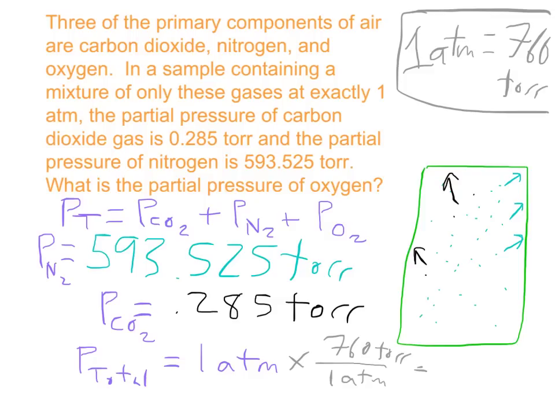And this one's actually really easy. 1 times 760 divided by 1. You could probably see it from the start that it was going to be 760 torr is the total pressure of the system. So you have the total pressure, you have the pressure of nitrogen gas, you have the pressure of carbon dioxide gas, and the only thing that you don't have is the pressure of the oxygen gas. So we need to solve for this variable now.